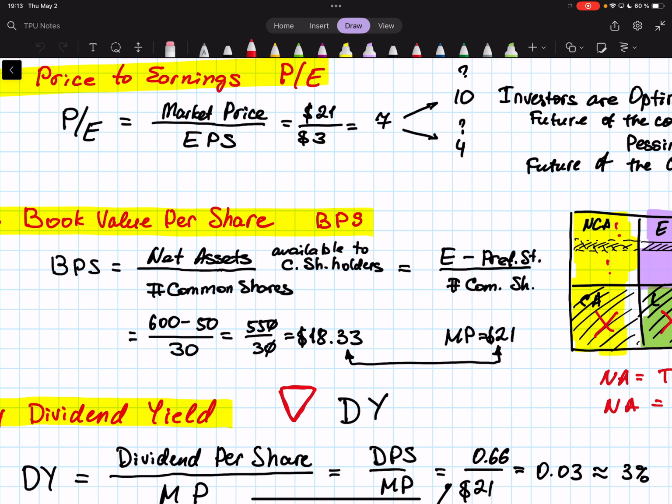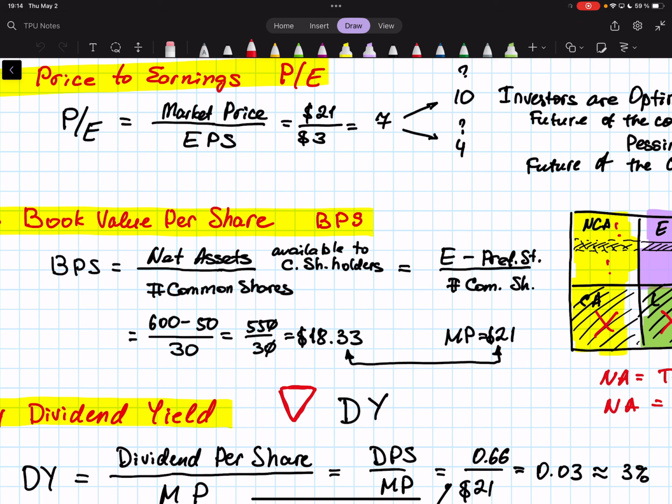And if the company is in trouble, if it's getting close to bankruptcy and you have their stock, if you bought it below the book value, for example, you bought it at $15 and it goes bankrupt, there is a chance that you can get $18.33 back and return your money based on the assets that the company has.